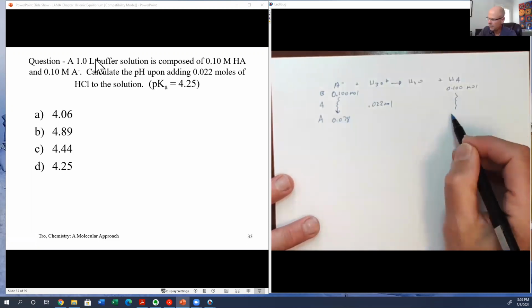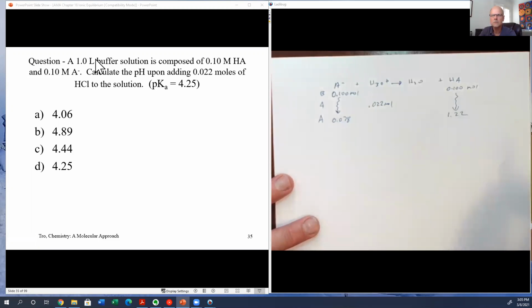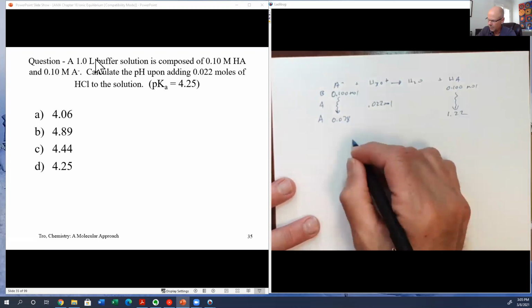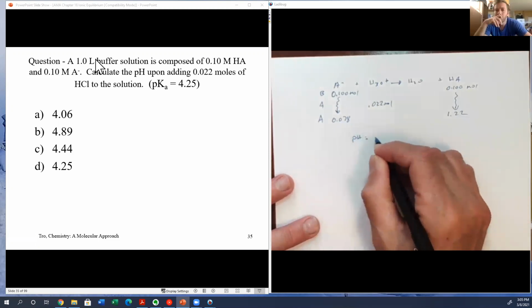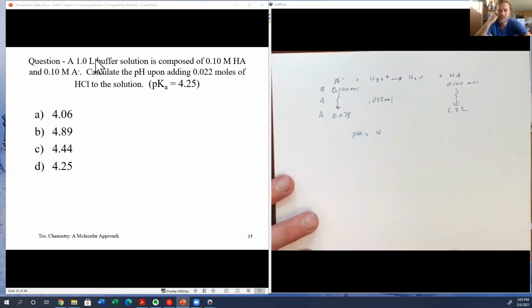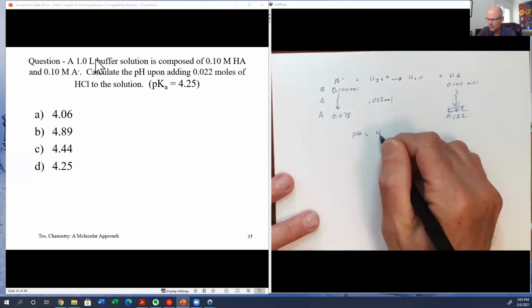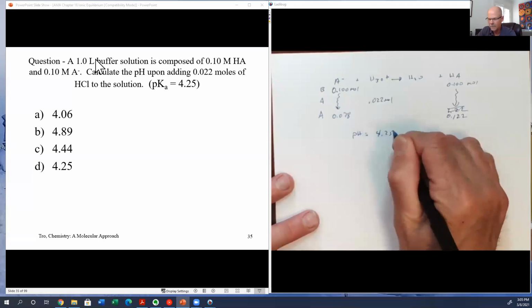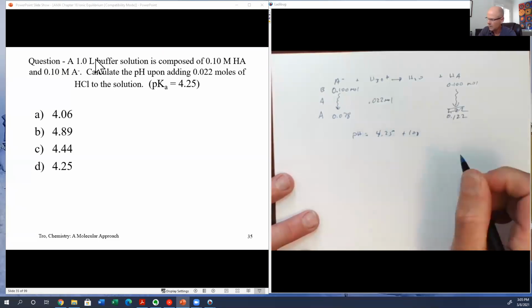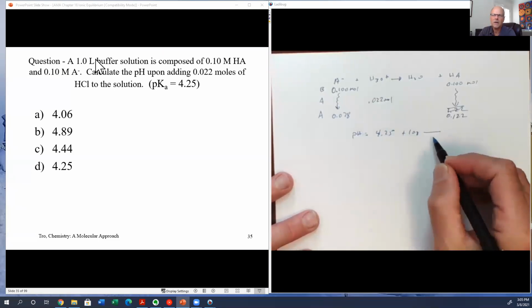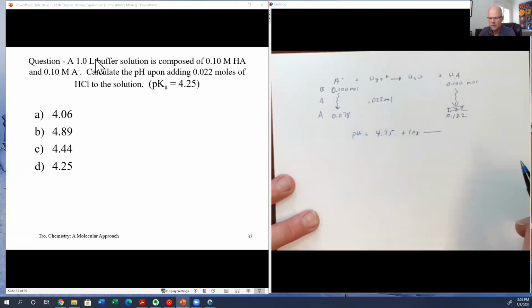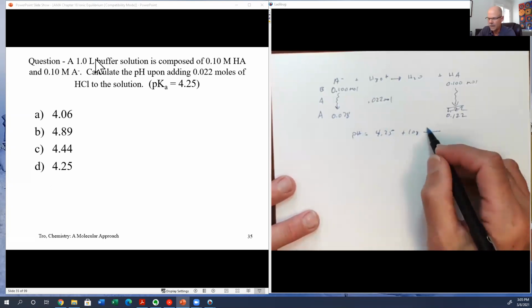This is going to go up to 0.122. And then pH is going to be equal to 4.25 plus the log. And again, with Henderson-Hasselbalch, you can work in moles or molarity. How many moles of base do I have?